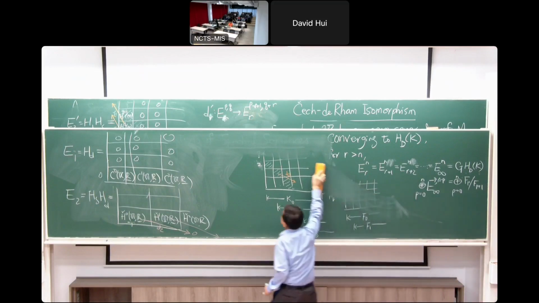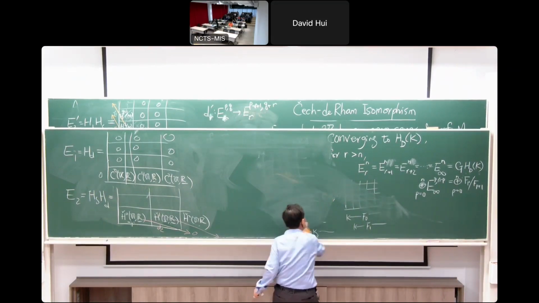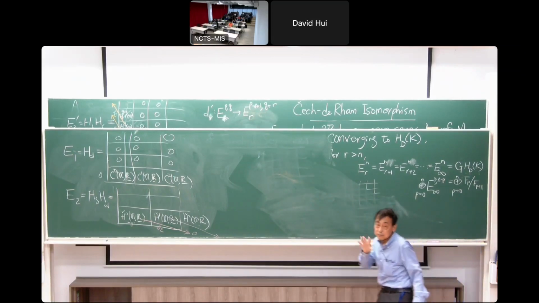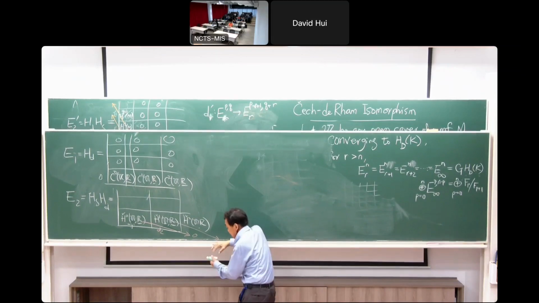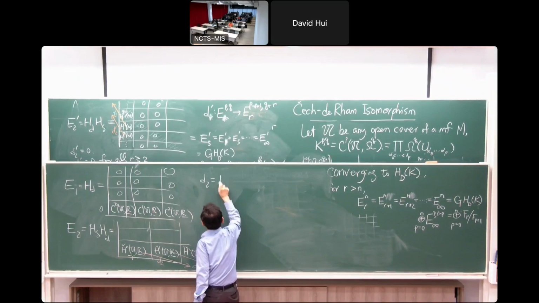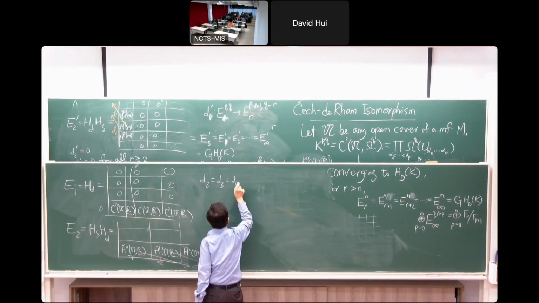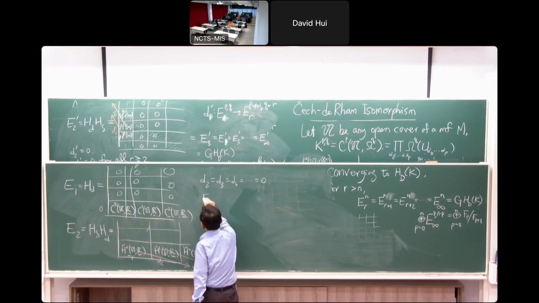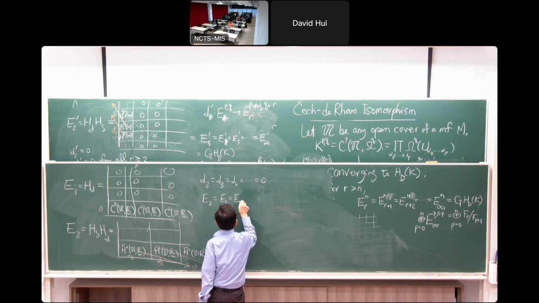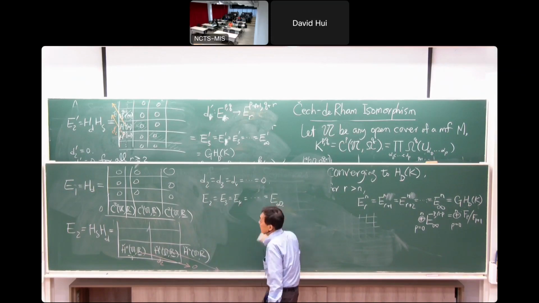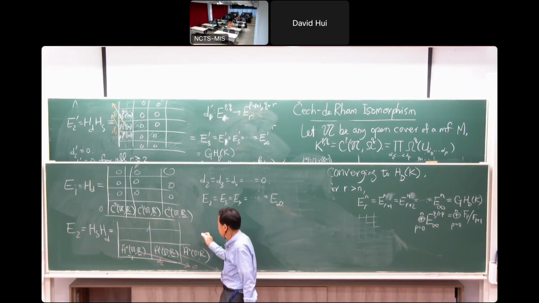So that means the third page will look the same as the second page. So D2 equals D3 equals D4 equals 0, and that means E2 equals E3 equals E4 equals E infinity. So this is a picture of E infinity.